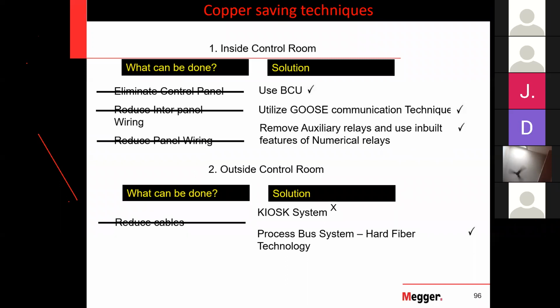A control panel cannot give you fault information, whereas a numerical relay can. With accurate fault information, the restoration time also becomes fast. Once you have a fast restoration time, you are earning a lot of money, because every minute power flowing means money for the government, for the utility.